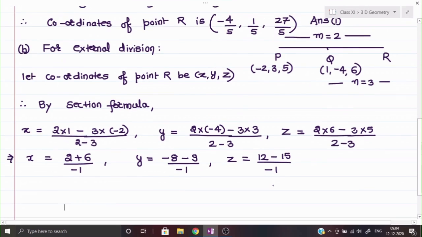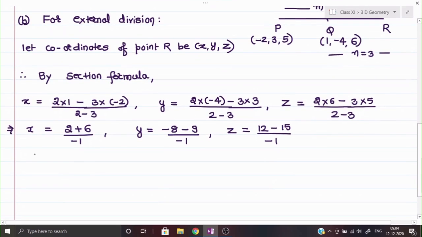Okay, we should simplify this. So the value of x is coming here minus 8, y will be coming here 17, because minus minus will cancel, and z will also come here plus, here also minus sign and minus sign will be cancelled.